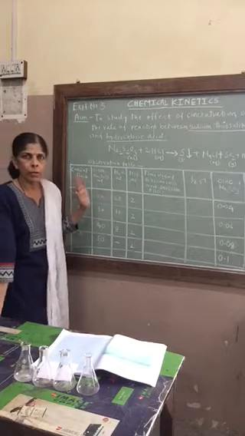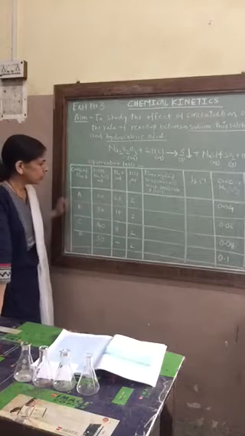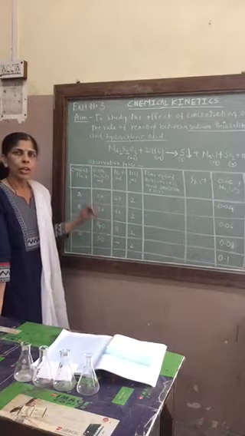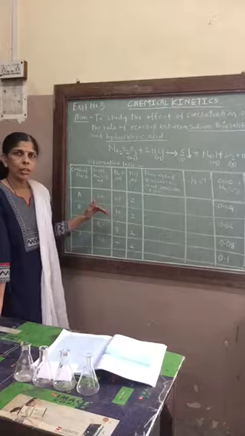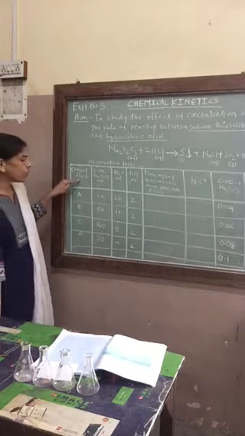It is easy to remember. If you observe the observation table, automatically you can carry out the procedure. So what is the observation table? Conical flasks.